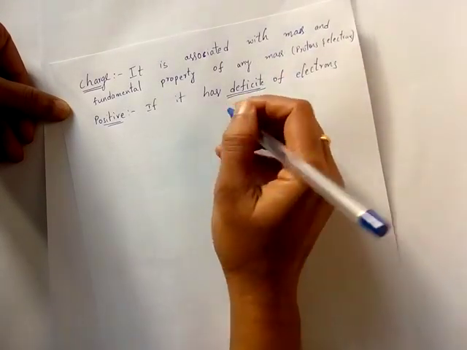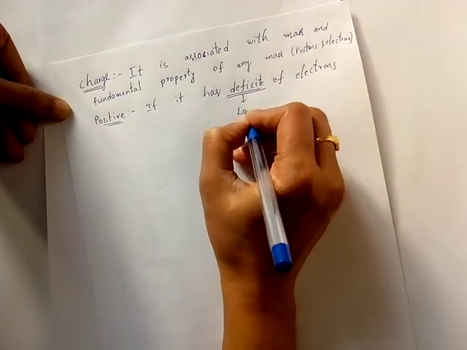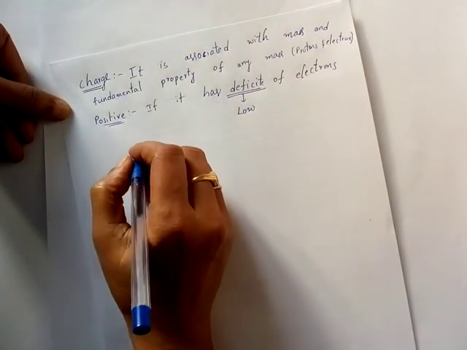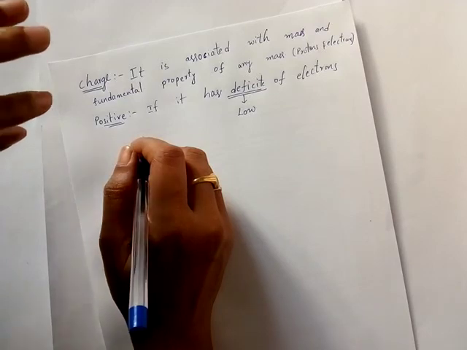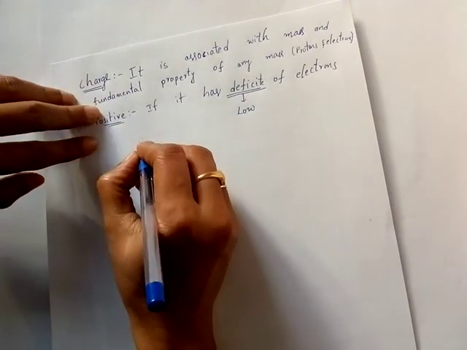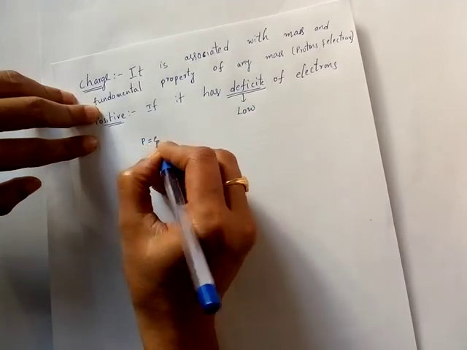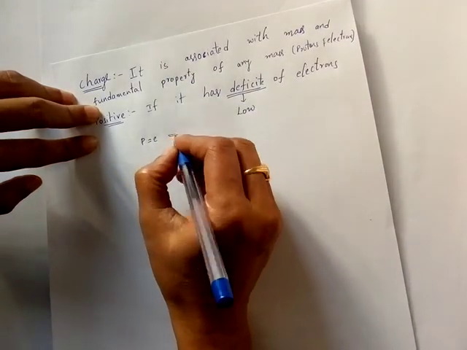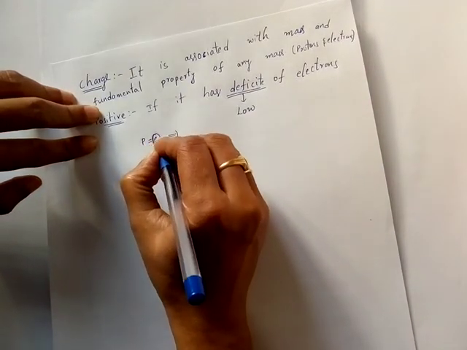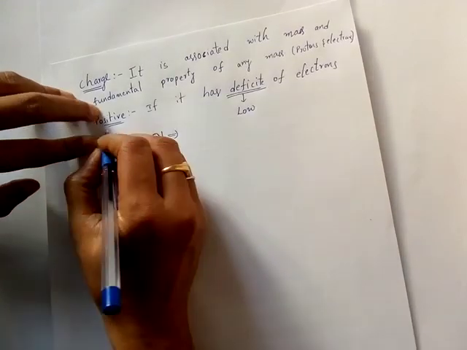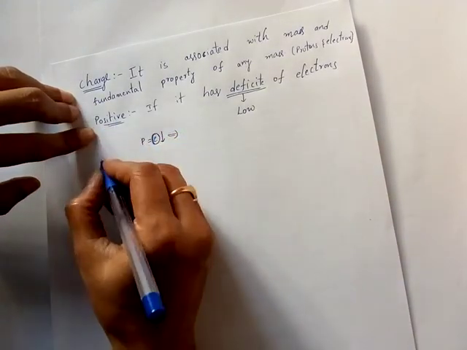What do you mean by deficit? Low. We have already seen every object has equal number of protons and electrons. That means positive charge is equal to negative charge always. If the number of electrons is reduced, then we say it is positive charge.